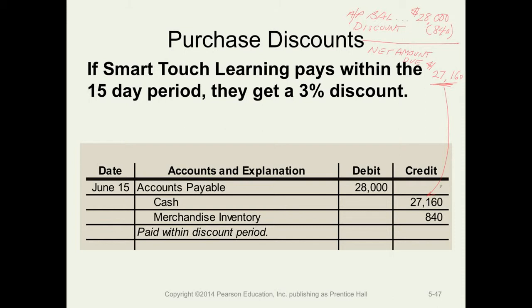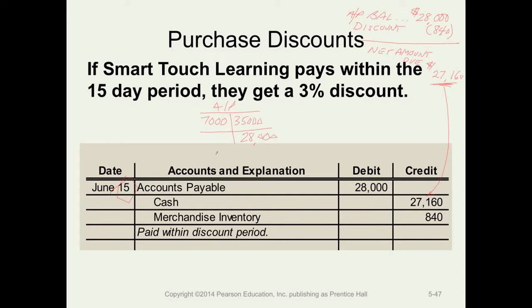Now, to record this, we're going to debit accounts payable for the full amount paid on the 15th, which is within the discount period. So when we debit accounts payable, we had $35,000 for the invoice price. We had a $7,000 return or an allowance.